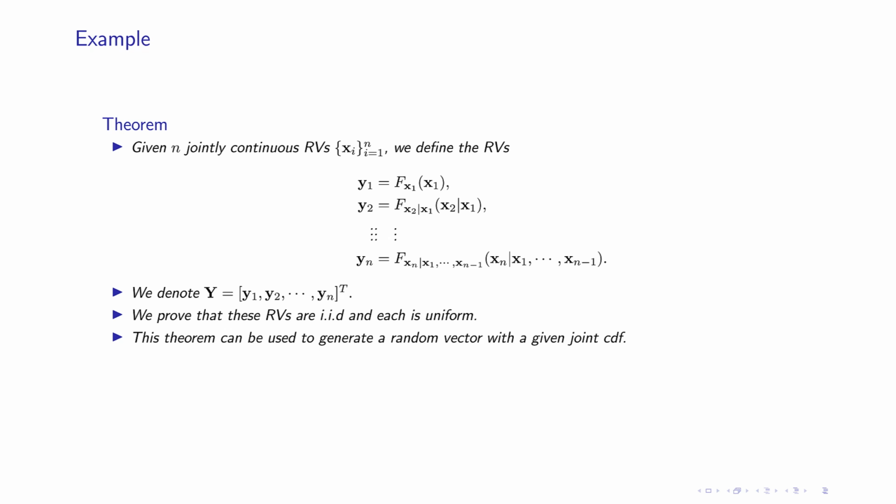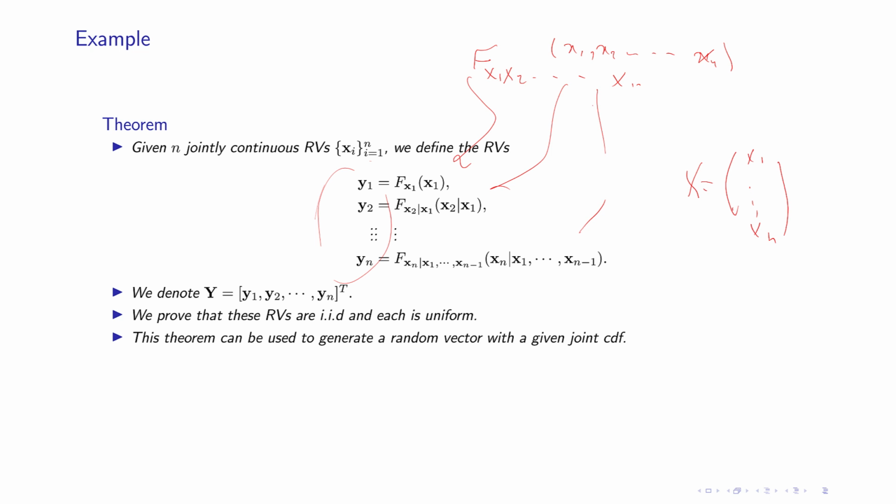Because if you have the joint distribution, let's say f of x1, x2, to xn, from these functions you can calculate this one, this one, and this one, and then you can generate these uniform random variables, and then you will be able to find a way to generate a random vector x, x1 to xn, which has this distribution.